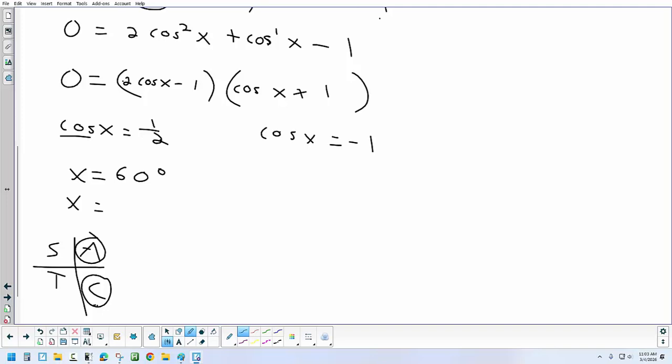And just because we're in degrees right now, what's 360 minus the reference angle? 300. Yep. And the reason I did this all in degrees first is because I knew I was going to get nice answers. Now I'll change them over to radians. What's 60 degrees? Pi over 3. And what's 300?